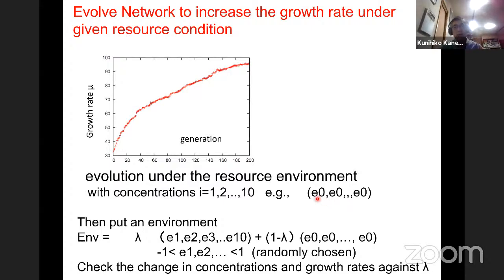So for example, initially I said that all chemical concentrations are the same for the 10 resource chemicals, but in some environmental stress, this goes to almost zero, and this is increased or something like that. And then we can check if the change of delta Xi by the environmental stress behaves similarly to this experiment or to the theory.